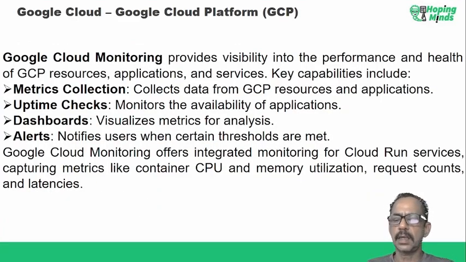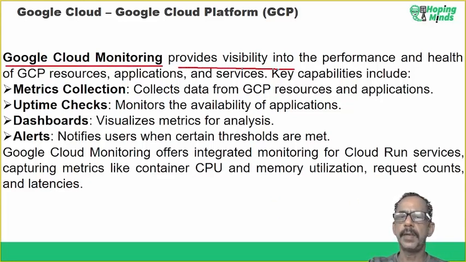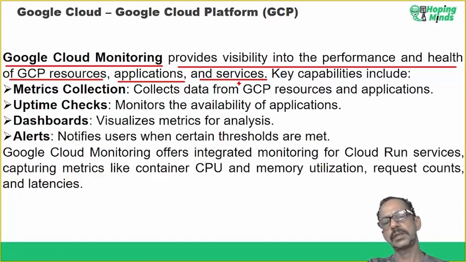In GCP, it's the Cloud Monitoring part. It provides visibility into the performance and the health of GCP resources as well as the applications and the services. Same thing that we discussed in Azure and in AWS.